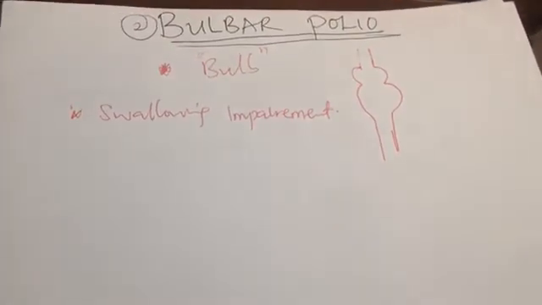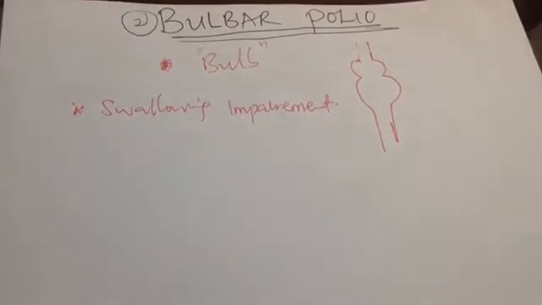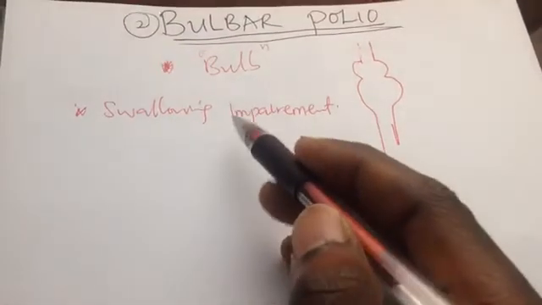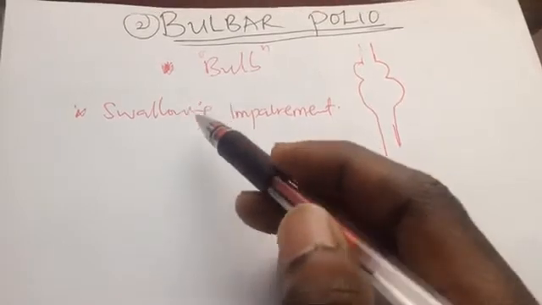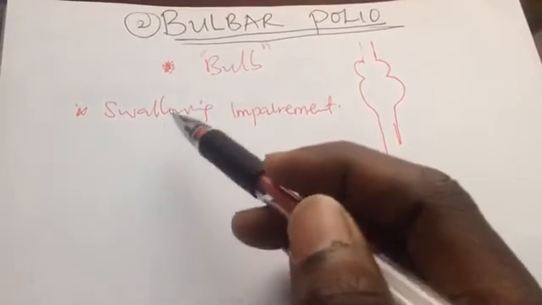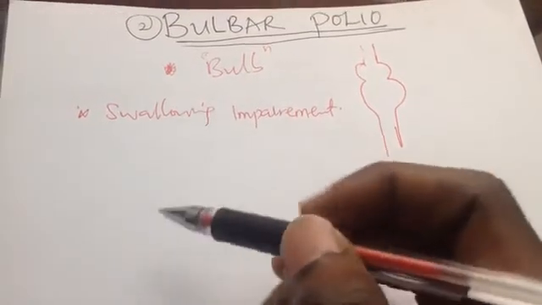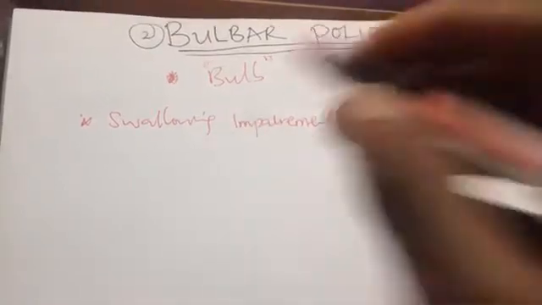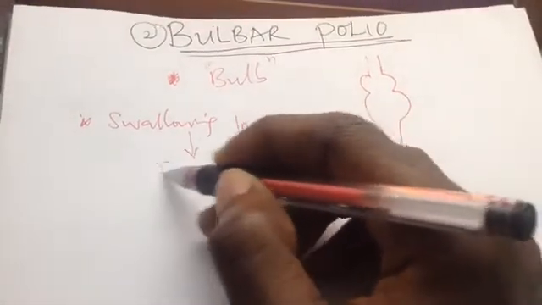So if a person cannot swallow saliva, then the saliva will accumulate in his oral cavity, then enter into his air passage, and then lead to suffocation.